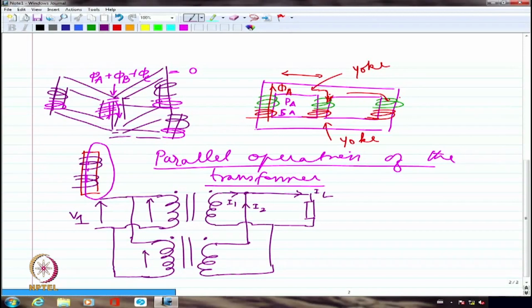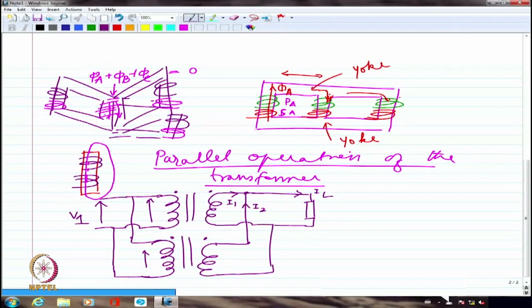One is, let us say I have 20 kVA, 20 kVA and 10 kVA transformers taking care of a 50 kVA load, total 50 kVA load. In case a 10 kVA transformer conks out, I would still be able to supply that 40 kVA without much difficulty. So reliability improves quite a bit because I am doing it in partial ratings.